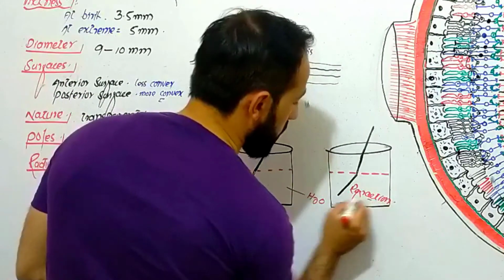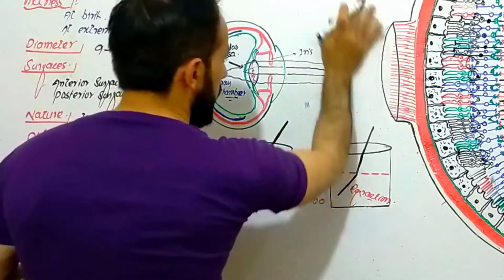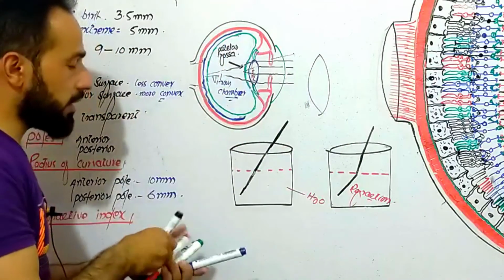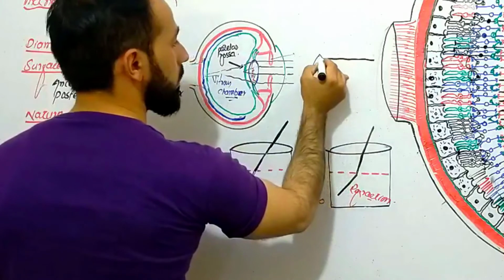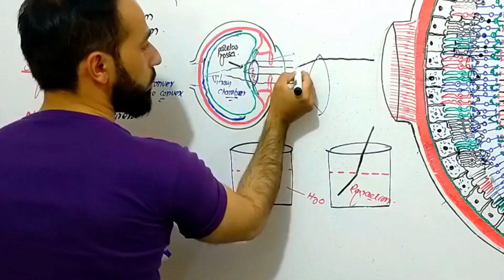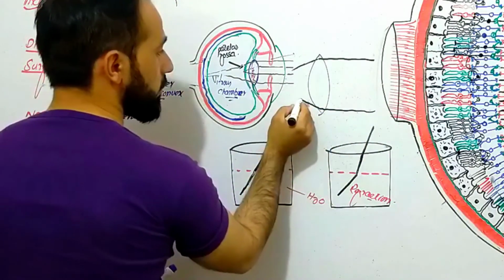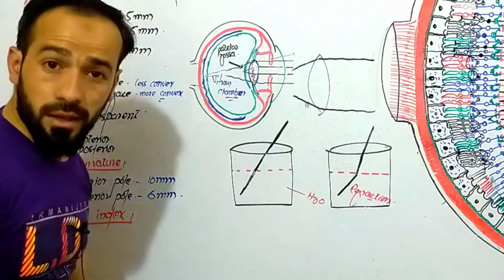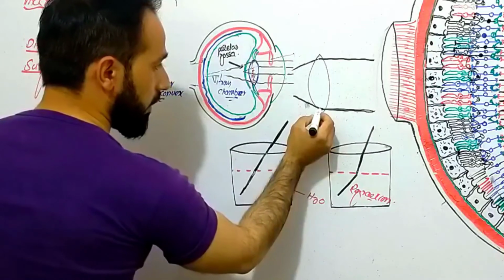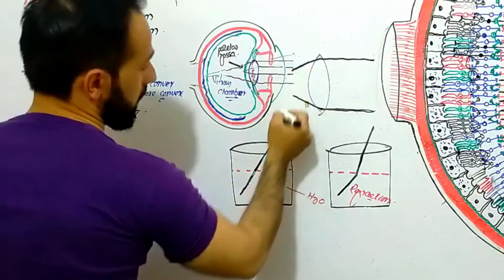Our lens also does this. Look carefully how. For example, this is your lens, right? Whenever a light ray strikes your lens like this, the lens changes the path of the light ray. When the light ray comes straight and strikes the lens, the lens converges the light ray.